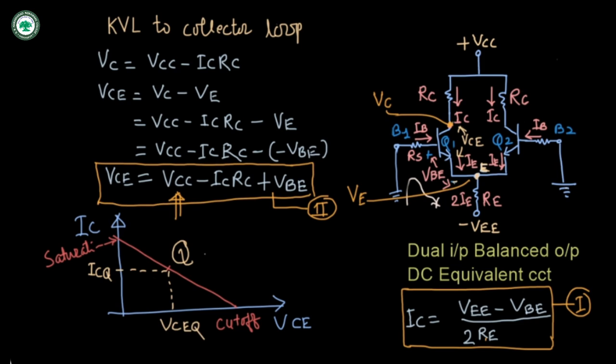So the quiescent operating point will be a function of IC and VCE for the differential amplifier.